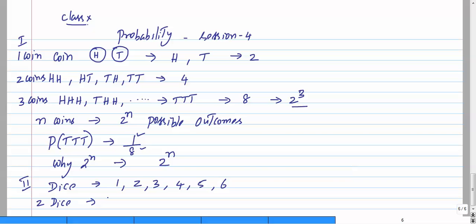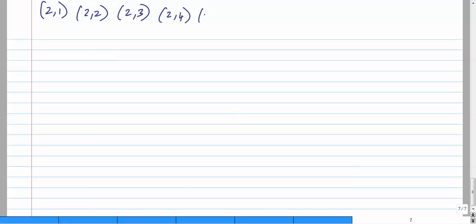Again, we'll have many combinations like 1 1, 1 2, 1 3, 1 4, 1 5, and 1 6. Similarly, I'll have 2 1, 2 2, 2 3, 2 4, 2 5, 2 6.